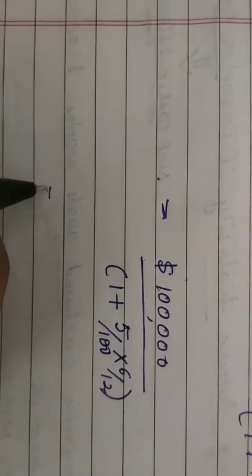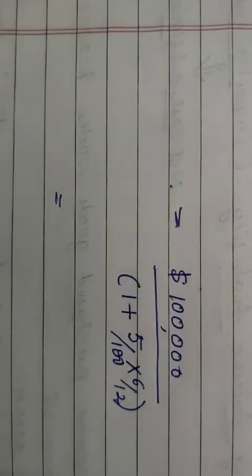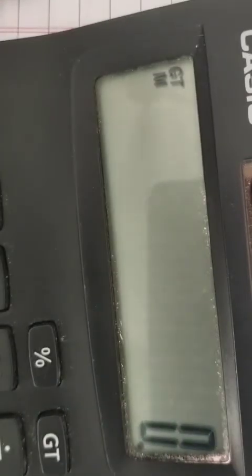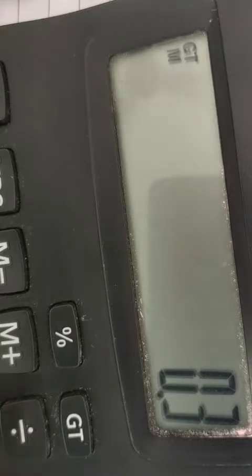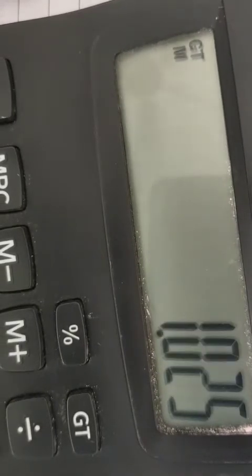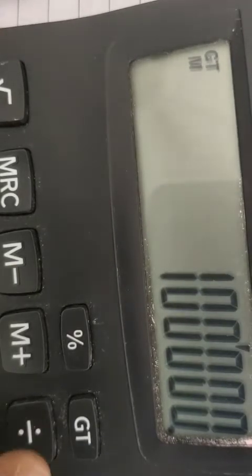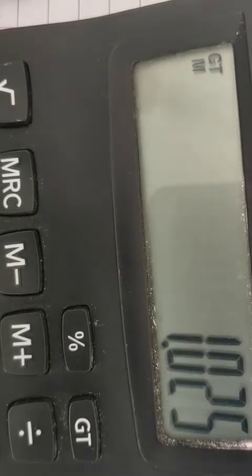So here comes the present value, $1 lakh divided by 1.025.